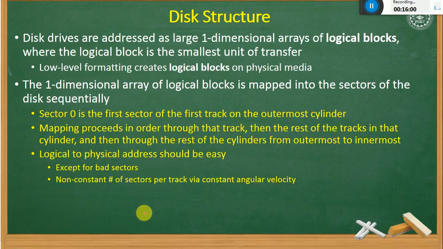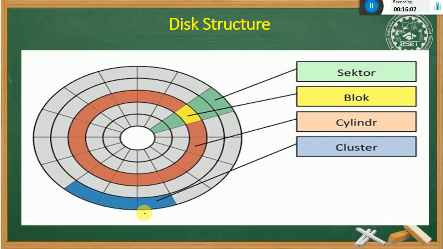Then a logical disk structure looks like this. Your disk is divided into sectors, cylinders and tracks: track, sector and cylinder. These are basically the three logical units of your disk.